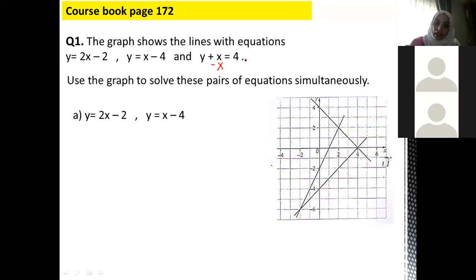It will become minus x, minus x from this side. Bravo. So here we will just cross these two x's. What is the equation, Taha? y equals what? y equals 4 minus x. So we arrange it as negative x plus 4. Bravo. Do you know why the y-intercept is positive 4, Taha? Yes, teacher.